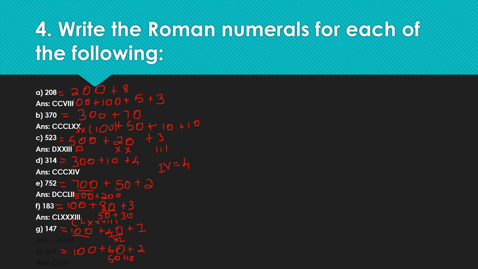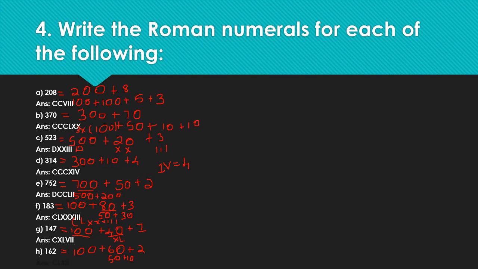If you repeat, you can repeat the numeral up to 3 times. So how can you write this 40? This 40 is nearer to 50. So L is 50. If you subtract 10 then you will get XL. That is 50 minus 10 you will get 40. So now you will get the answer CXLVII.